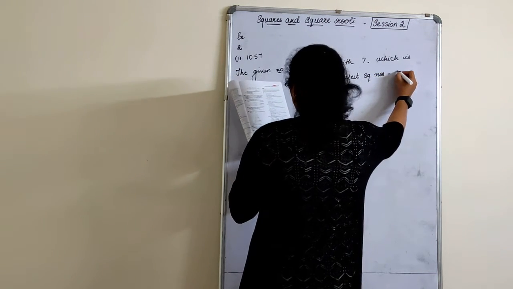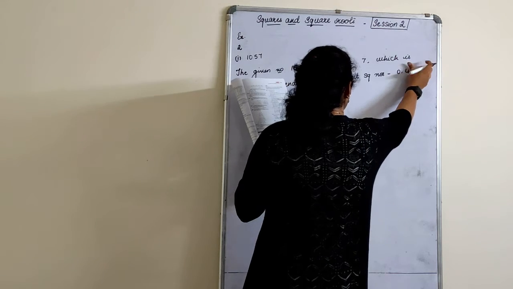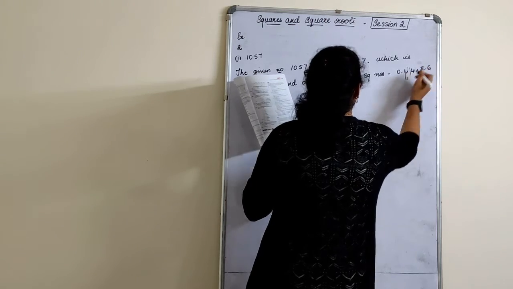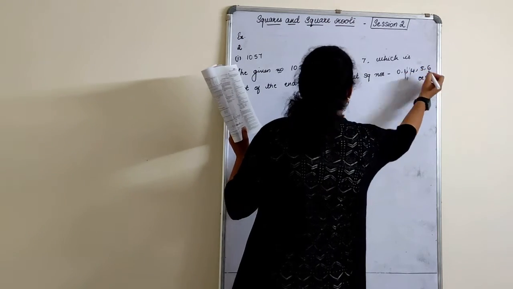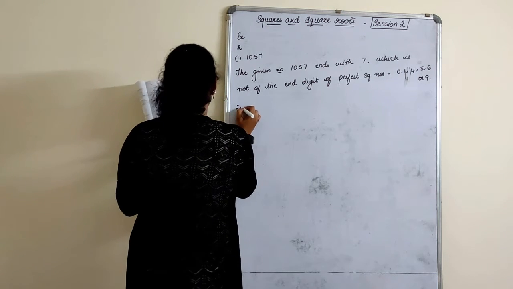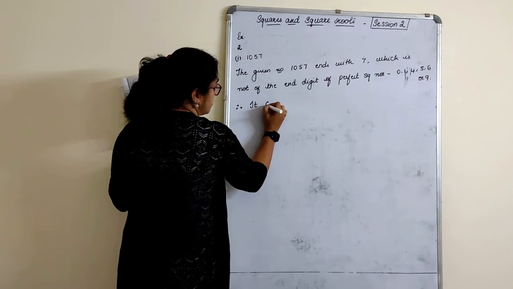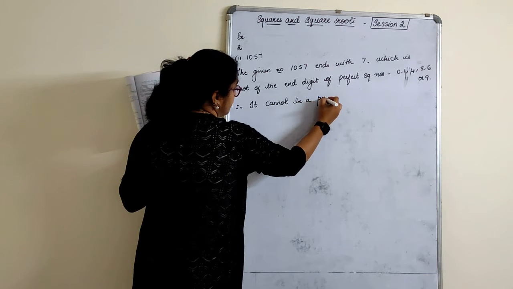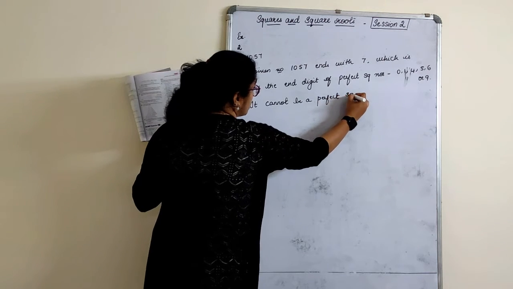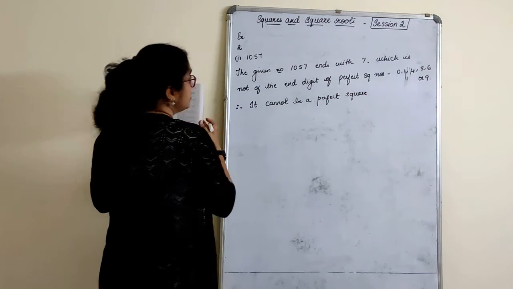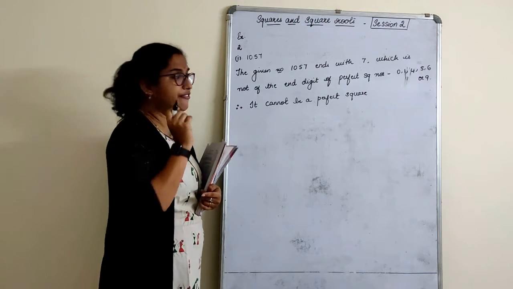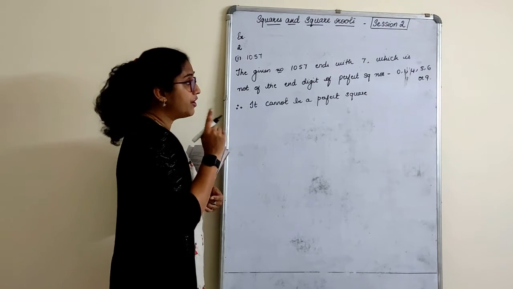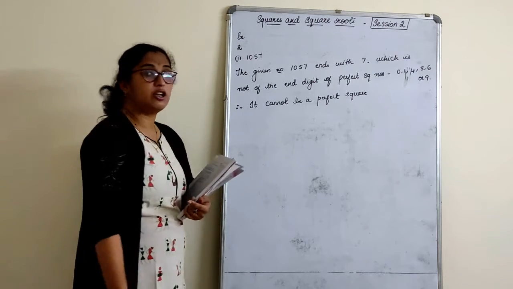Which are the end digits of perfect square numbers? 0, 1, 4, 5, 6 or 9. Therefore, it cannot be a perfect square.